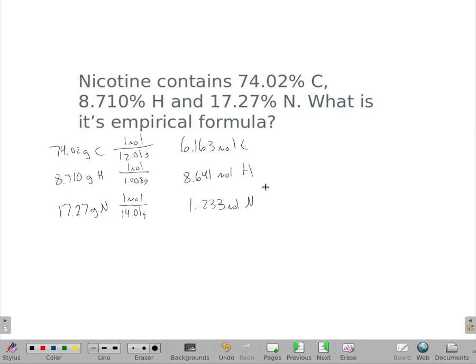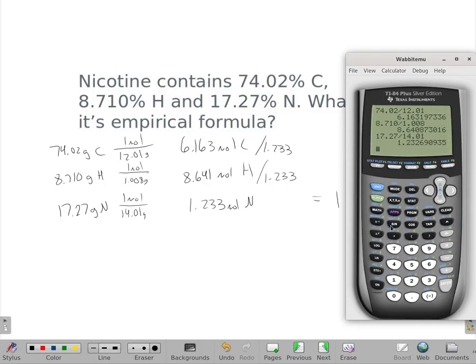All right, the moles of nitrogen is our smallest, so we're going to divide everything by the 1.233. So that is just 1. That divided by that is 7.